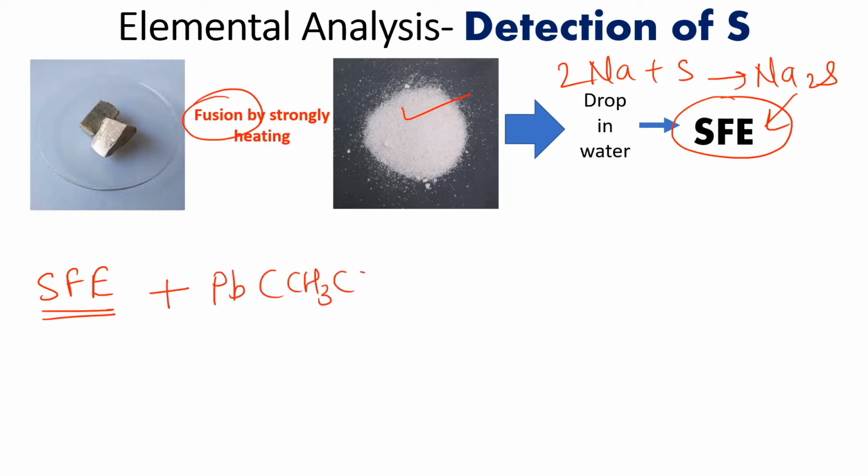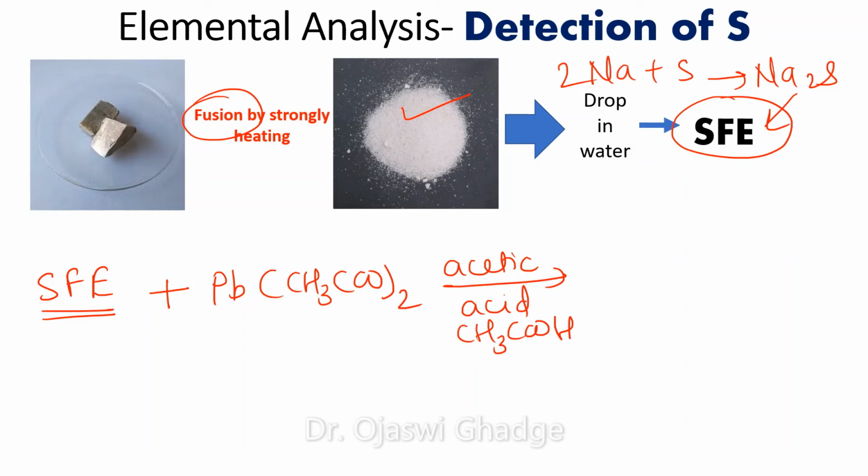Lead acetate is taken in acidic condition by using acetic acid, and during this process lead sulfide is formed along with sodium acetate.